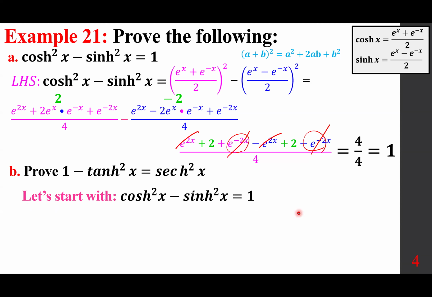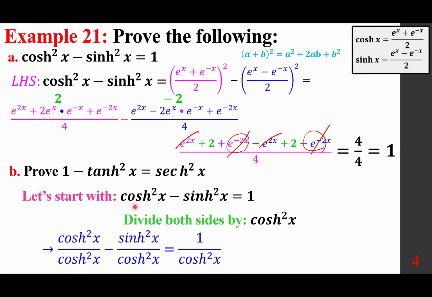We're going to divide both sides. Because we want 1, we're going to divide both sides by this one, which is cosh squared. When we do that, obviously this becomes 1.